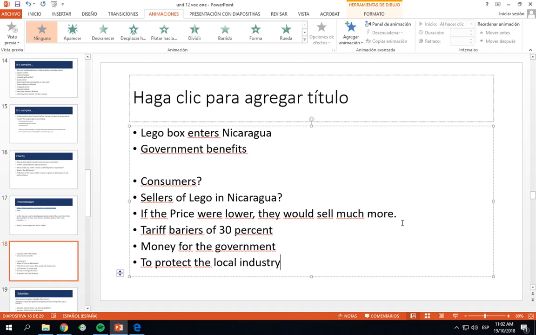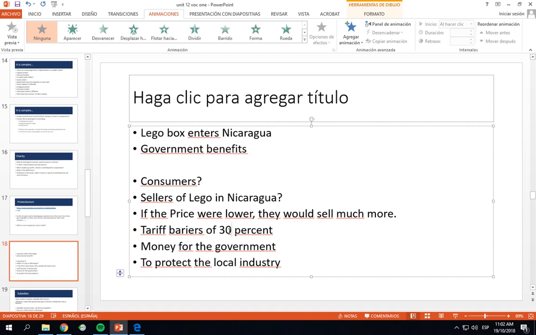For instance, if Nicaragua had a LEGO industry that produces LEGO or something similar, they may not be able to compete with the big companies, and that's why, with this tariff, the price gets higher, so it will be much easier for Nicaraguan companies to compete.